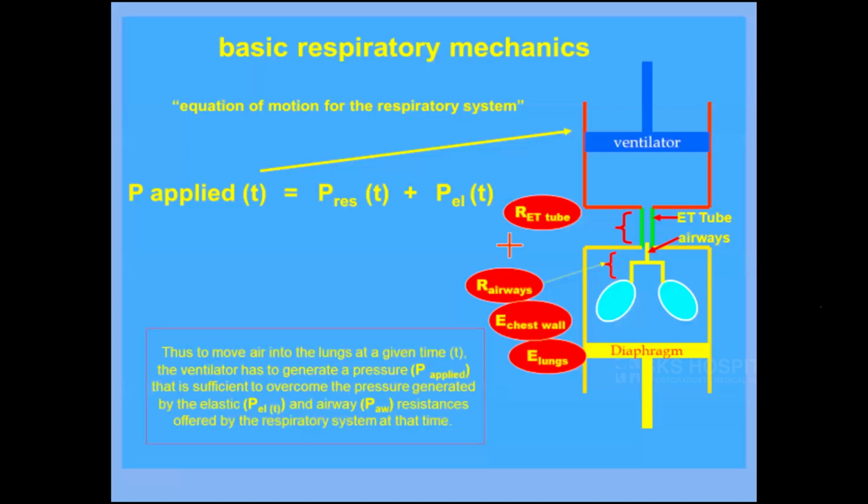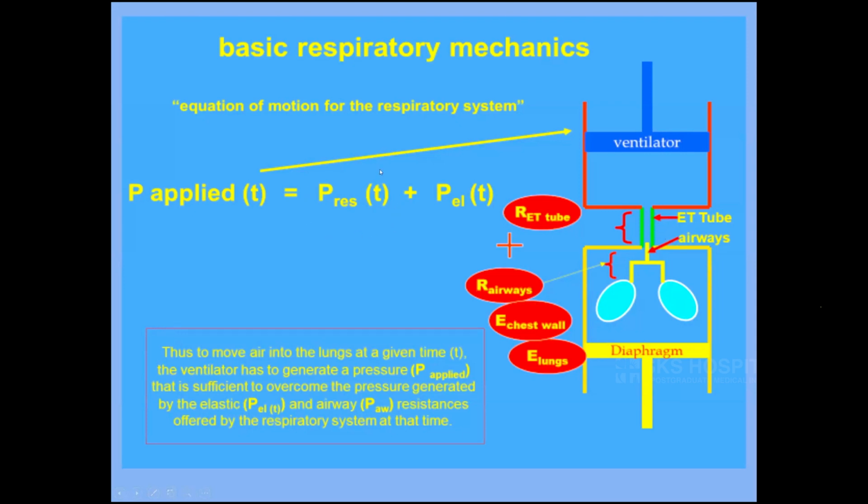If you think of the ventilator as a piston, and our own body as another piston system working with the help of the diaphragm, then you could conclude that the pressure applied by the ventilator at any one particular time would be equal to the pressure that needs to be overcome, which is contributed by the upper airways and the resistance of the endotracheal tube.